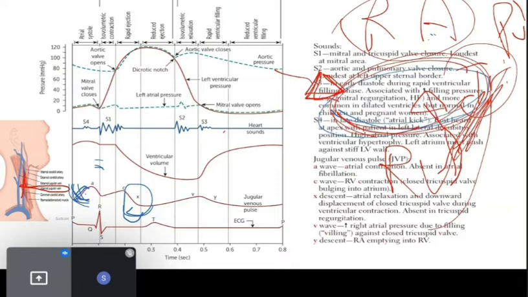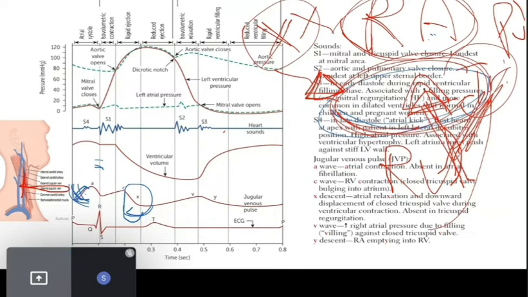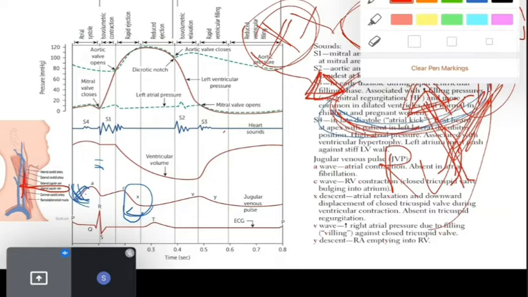So the right atrium still has blood in it because the blood comes back to the right atrium. So there is no relaxation of the atria. In this case, if they have tricuspid regurgitation, we won't have this X descent. There's no relaxation. So this X descent is absent if we have mitral or tricuspid regurgitation.